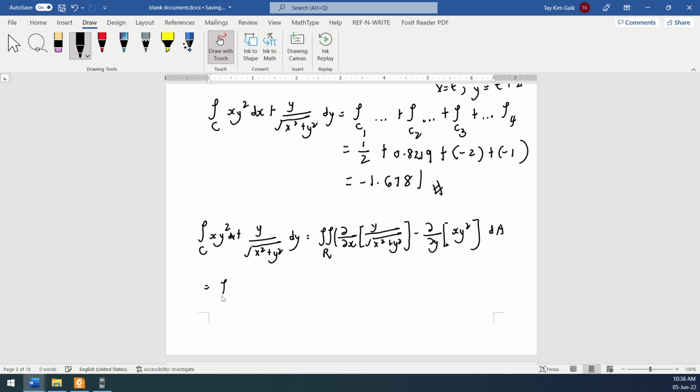Then do the partial derivative first. When you take del x, y is constant.